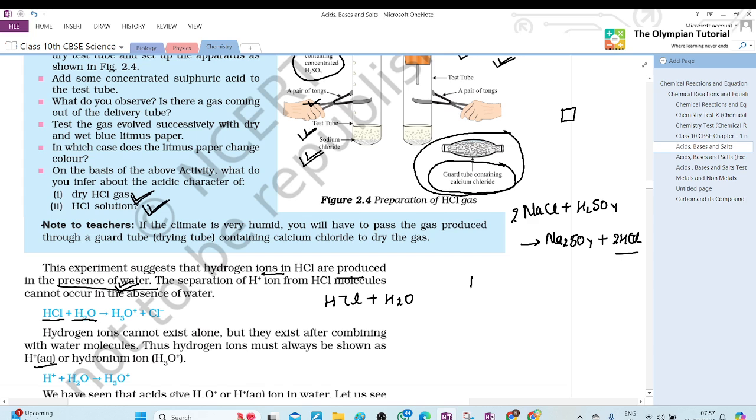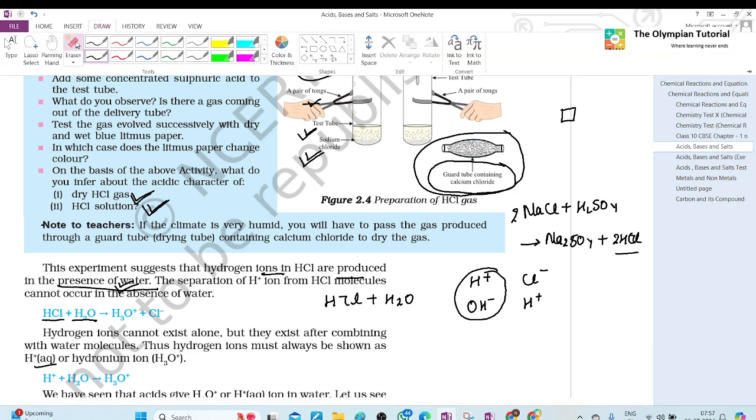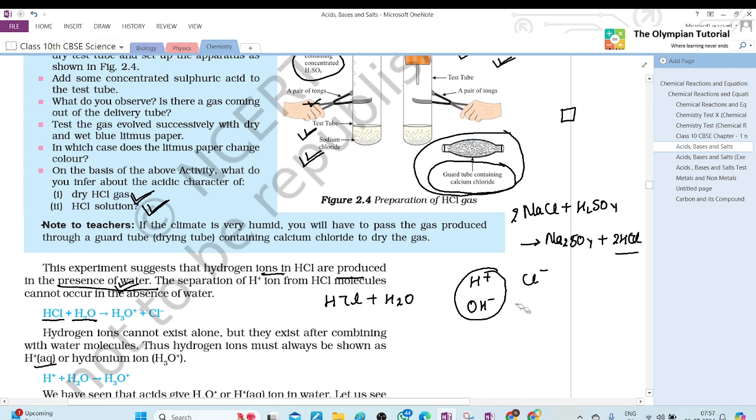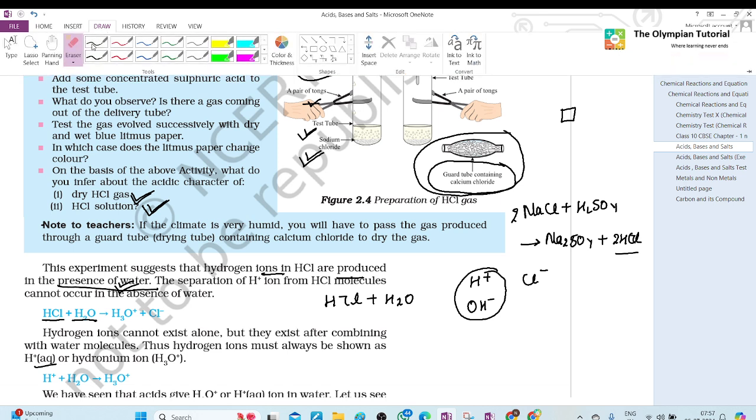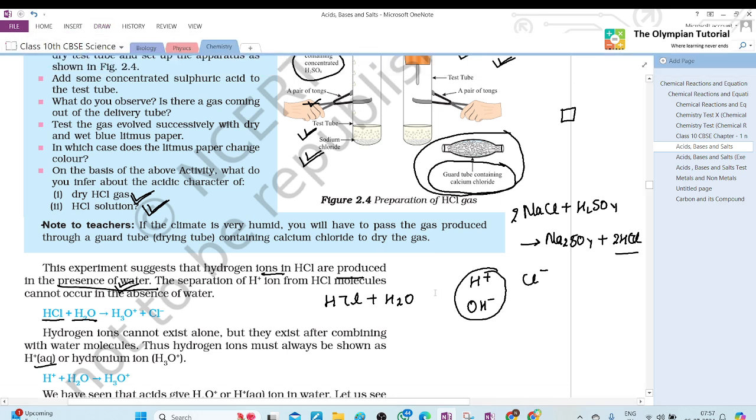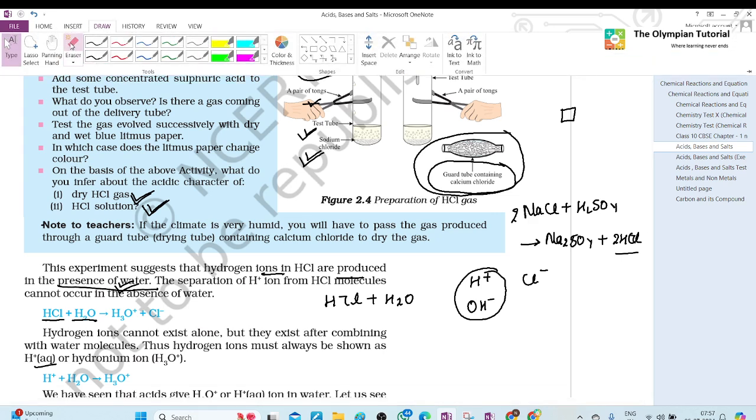HCl will give H plus ion and Cl minus ion. H2O will give H plus ion and OH minus ion. So they will make which ion? One second, students. Water, it is in the form of H2O.